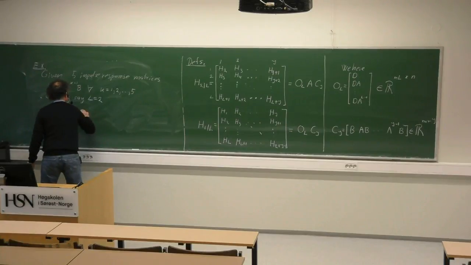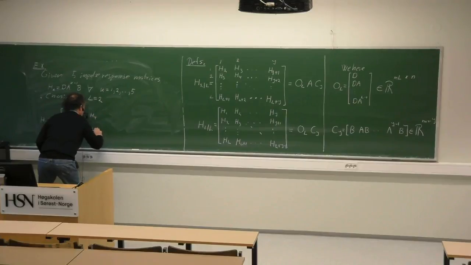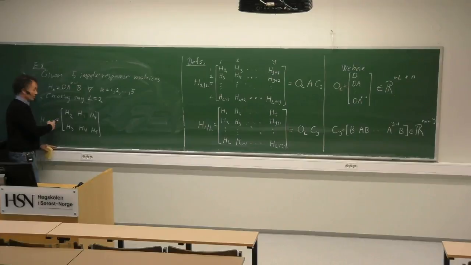And we have H3, H4, and the last one H5. So here, 2 block rows and 3 columns. So J becomes 3.